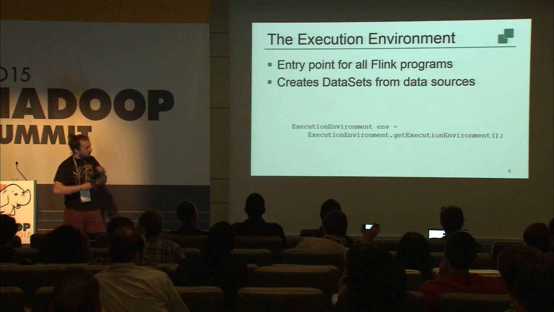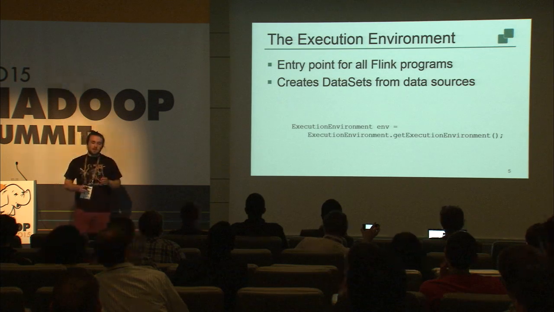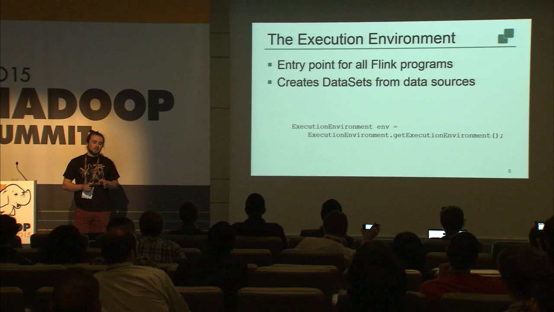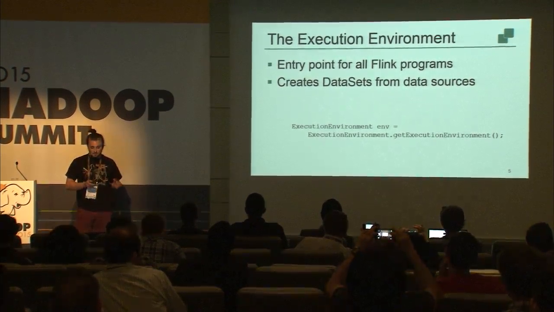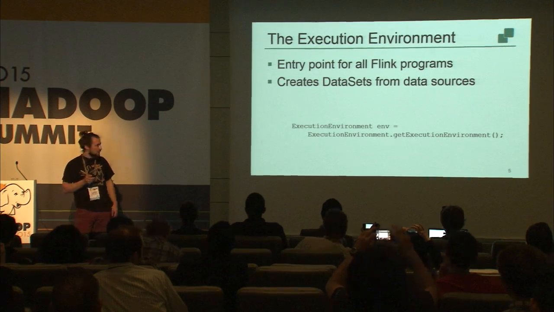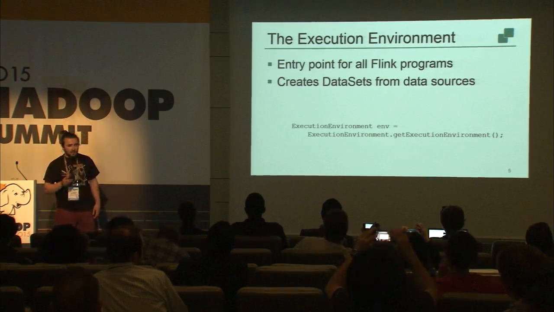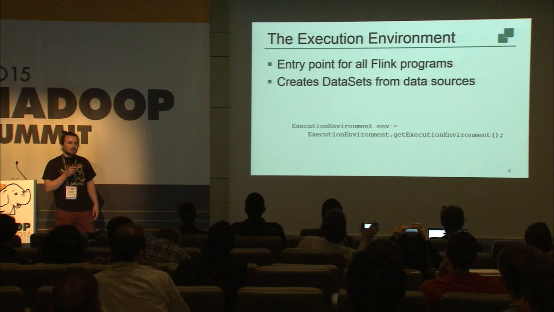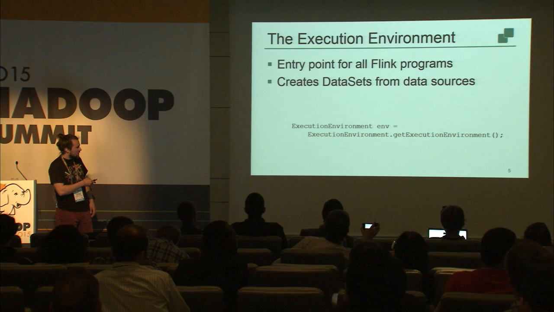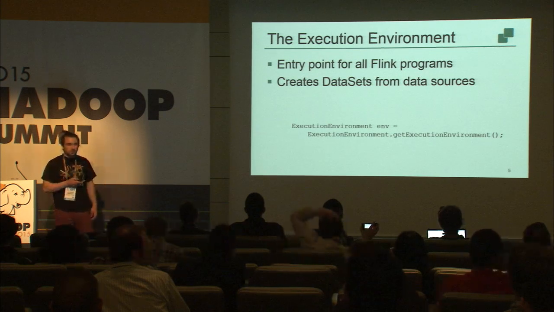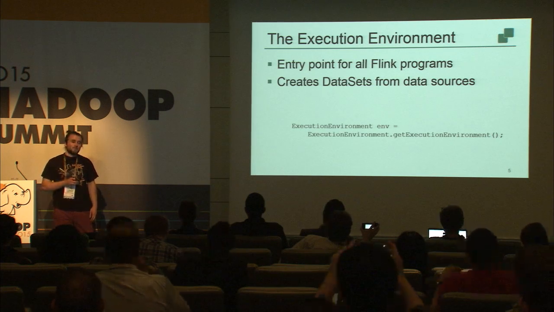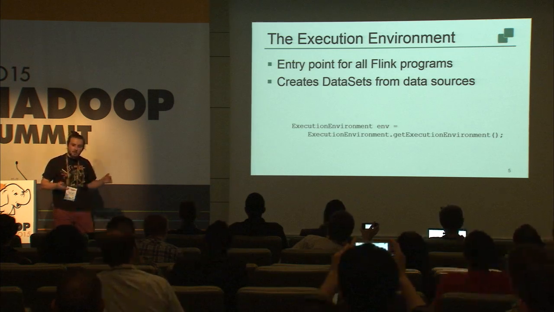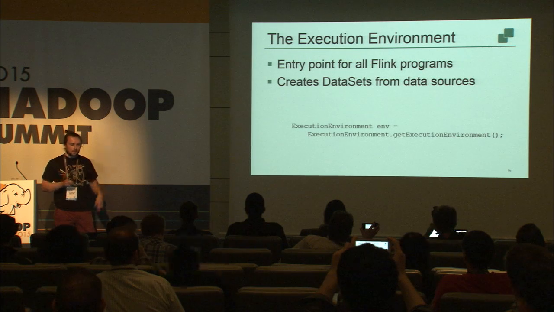So, to dive right in, as I mentioned, the idea behind this functional API is that you have distributed collections, and the Flink abstraction for this is called the data set, or the data stream in the streaming case. And the starting point in Flink programs is this execution environment. When you write a Flink program, you create this execution environment. There you can set the execution parameters, like the degree of parallelism, how the program should be parallelized, and some other execution parameters.